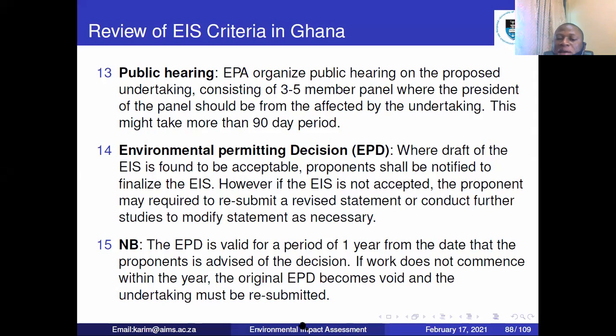If it is not acceptable, you have to resubmit a revised statement or conduct further studies to modify it. If they give you permission to go ahead with your project and you delay for more than 1 year, they will terminate it. You can't continue to use that permit.